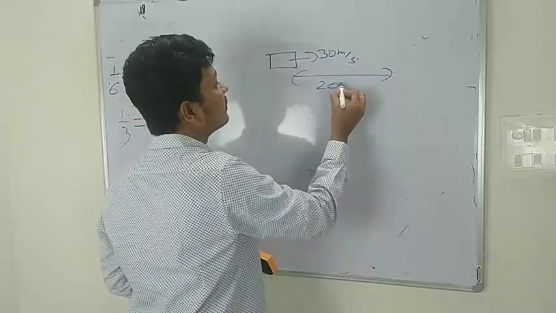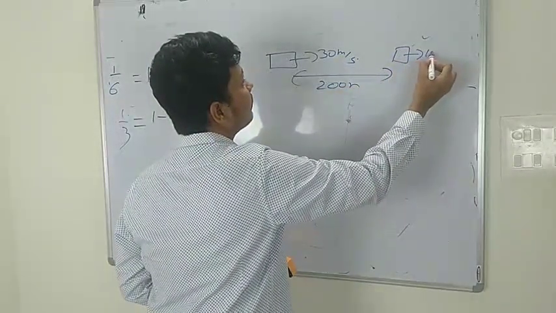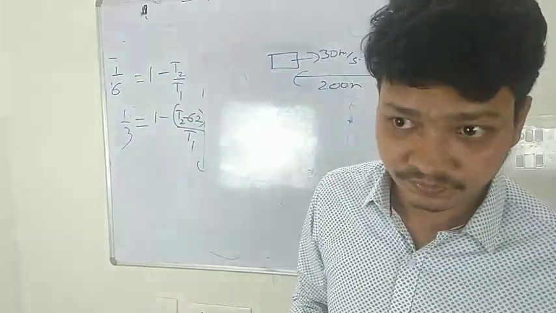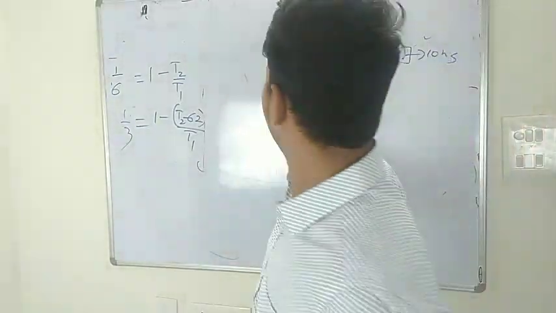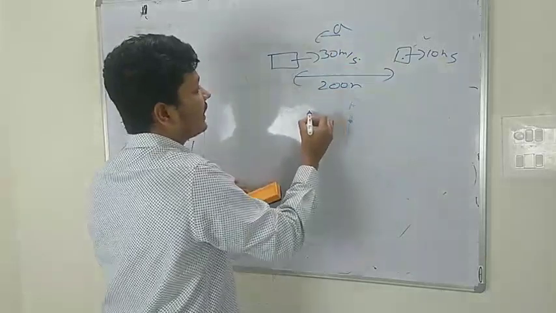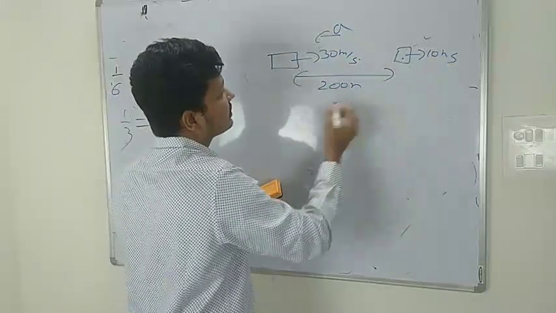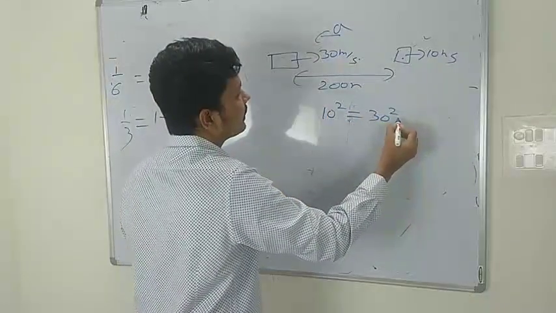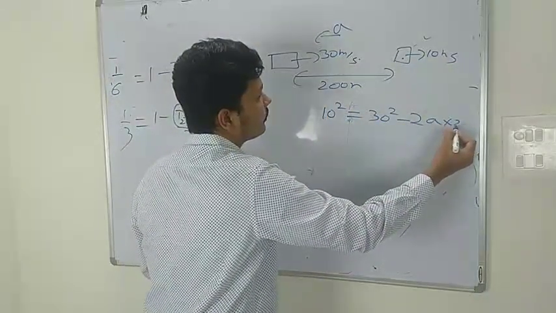If the deceleration is a, write v square equals u square minus 2a into 200.